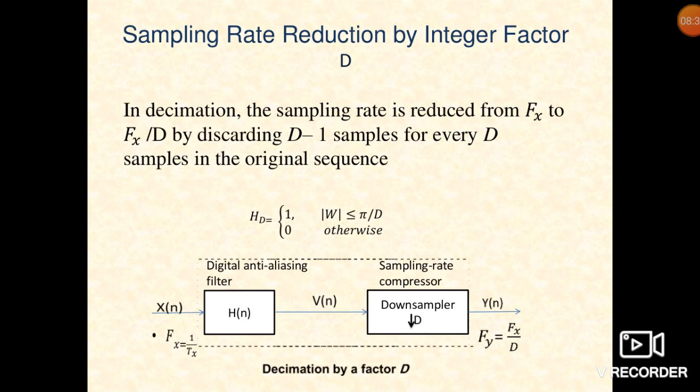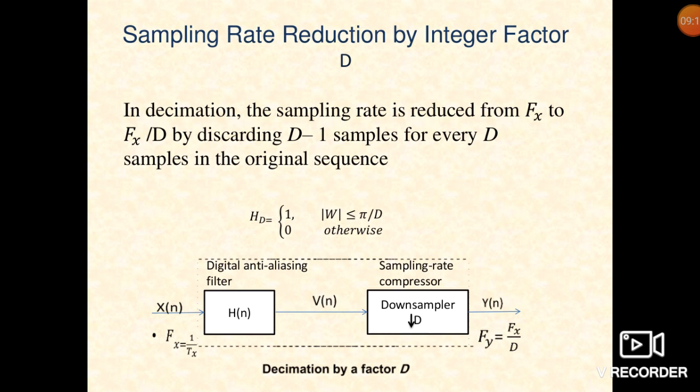Because the input signal's frequency has to be band limited to pi by M, we have to apply that low pass filter at the input of the downsampling part, not at the output. If you apply it at the output of the downsampling, the result will be 0. Okay, so this is about the decimation part.